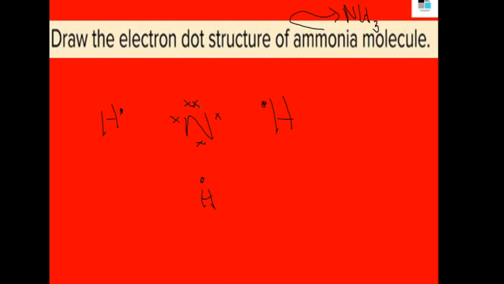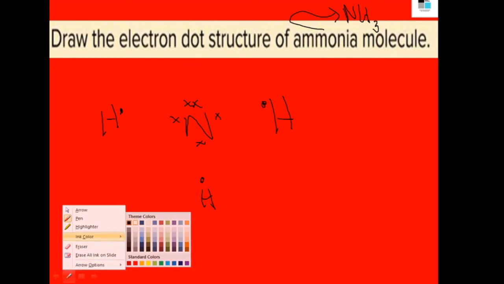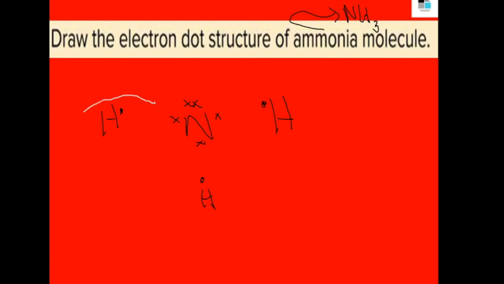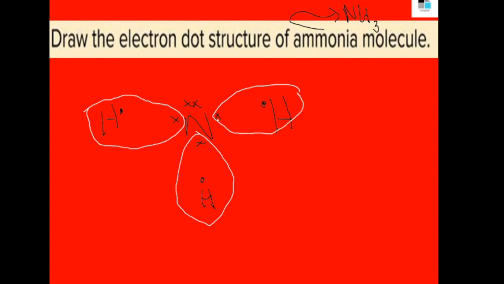So we can draw 5 electrons like this, 1, 2, 3, 4, 5. Now 1 hydrogen requires only 1 electron, so it will share 1 electron. Similarly, every hydrogen requires only 1 electron, so it would have 2 electrons.